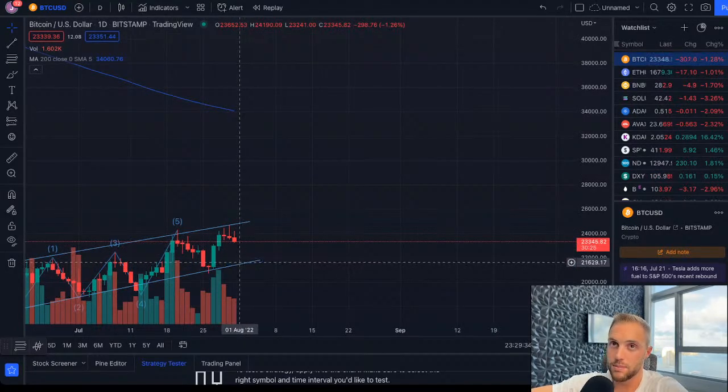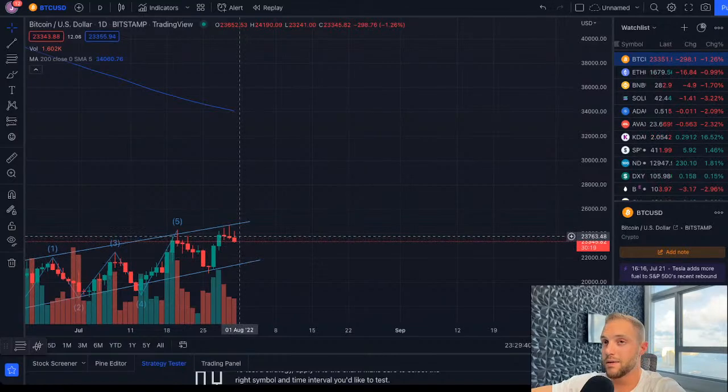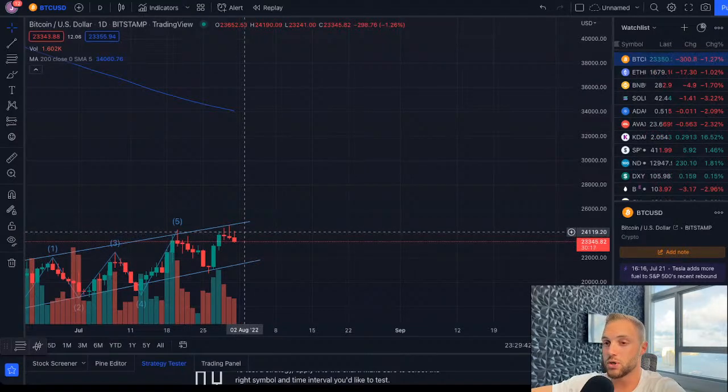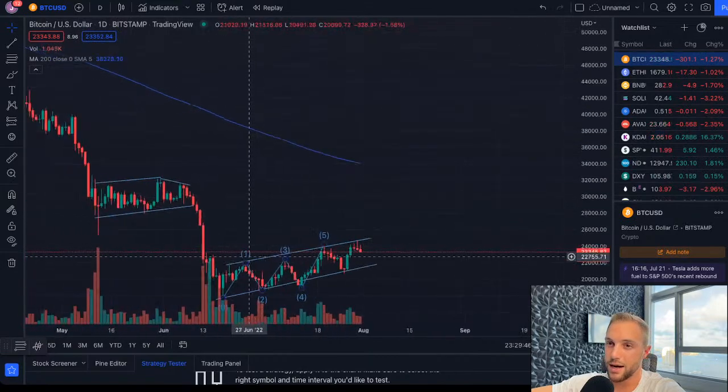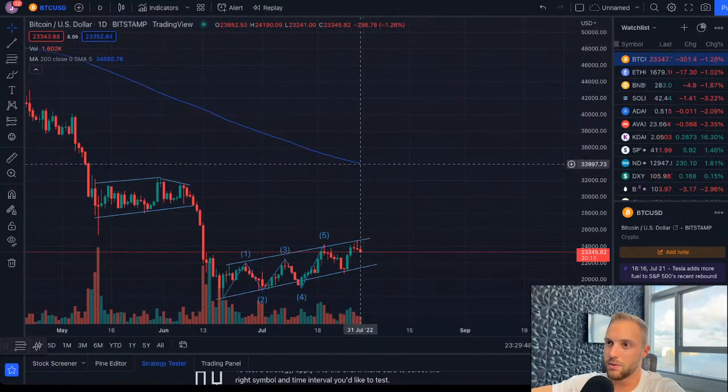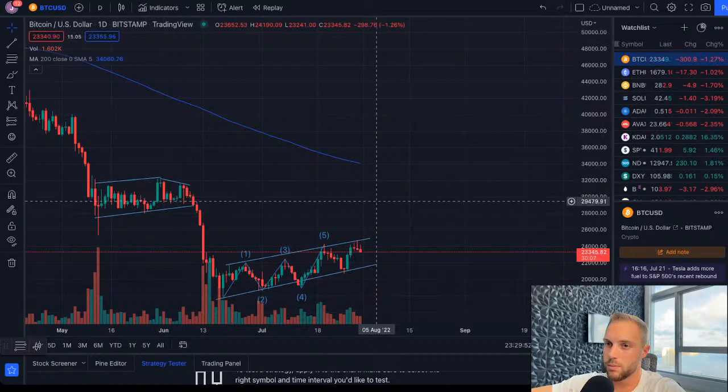We'll see what the stock market does on the opening tomorrow, but I wouldn't be surprised if we at least trade to the bottom of this bear flag. And if the stock market opens up strong tomorrow, I wouldn't be surprised if we see Bitcoin actually break out of this bear flag. I don't know that I would move up to the 200-day moving average, but I'd probably come somewhere between 28 and 31.